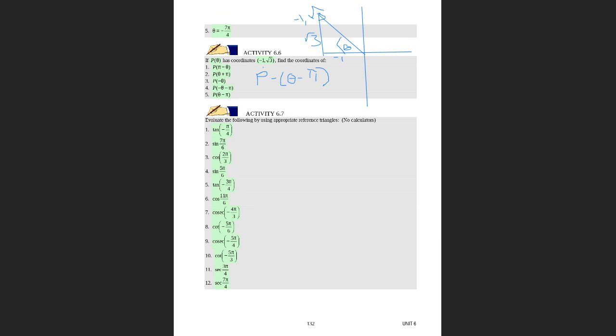So if you rotate it 180 degrees, this point, negative 1 and root 3, is going to come here. You see that? Here will be negative, and here too is going to be negative. But there's a negative outside here, so it will safely be 1 and 3.